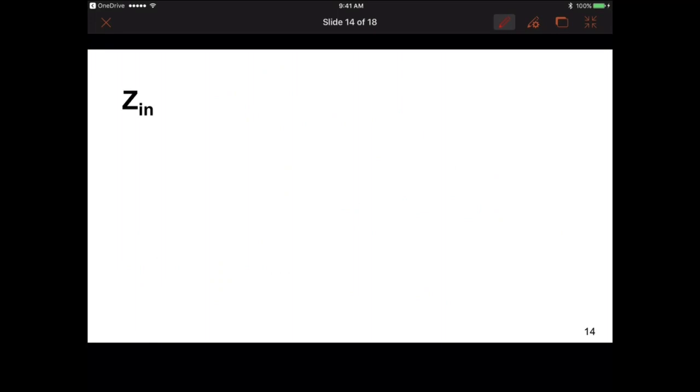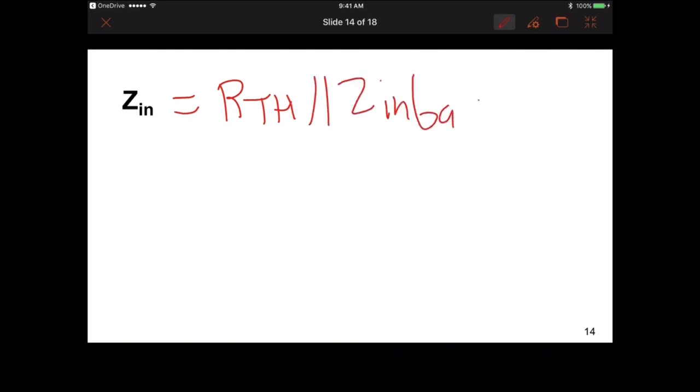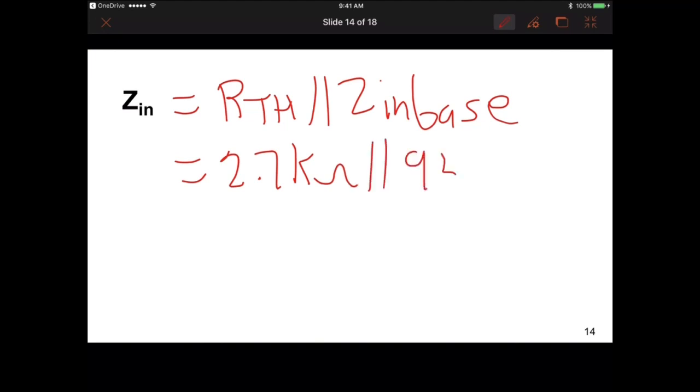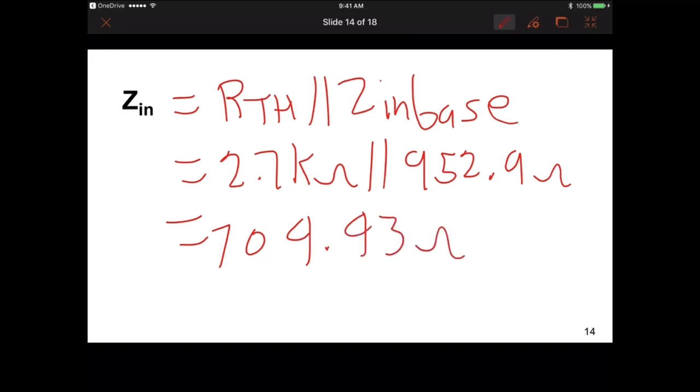Z in is equal to RTH in parallel with Z in base. That was 2.7 kilo ohms in parallel with the 952.9 ohms, which is 704.43, I believe.